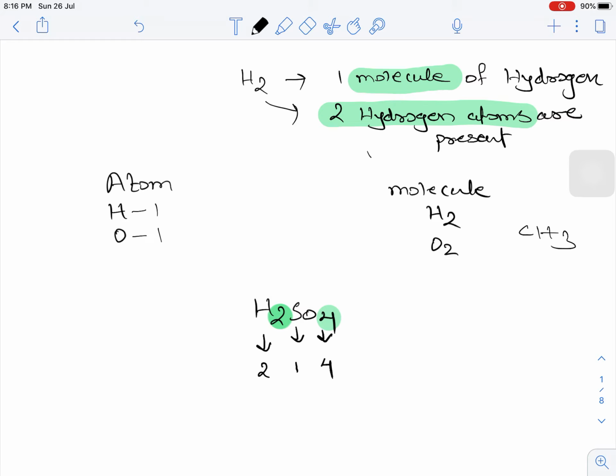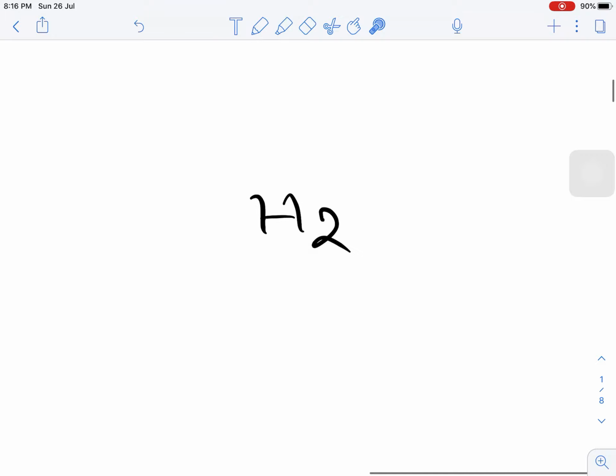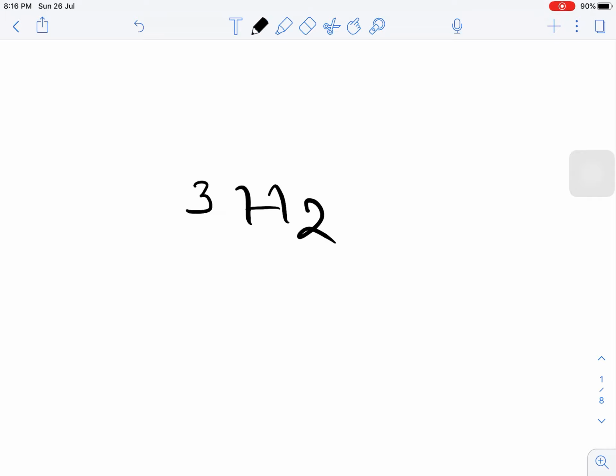Now remember one thing. Let us consider one more molecule. If I am writing here H2, what does it indicate? That there is only one molecule of hydrogen, and in one molecule of hydrogen, two atoms of hydrogen are present. Now we'll keep this part aside and focus on this one. Suppose I write here 3 before it, what does it indicate?